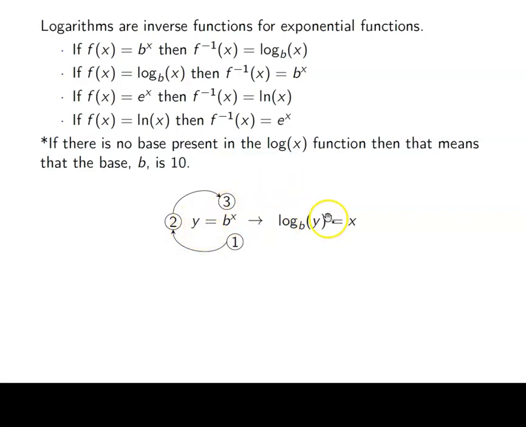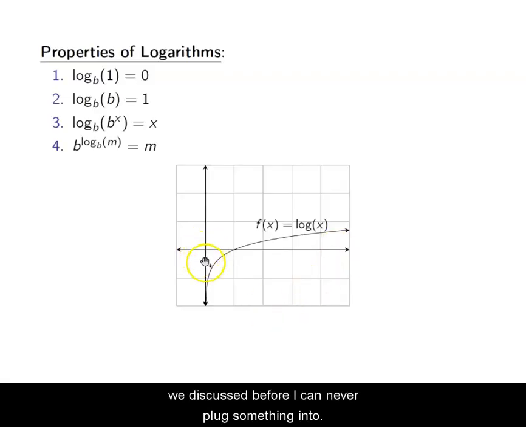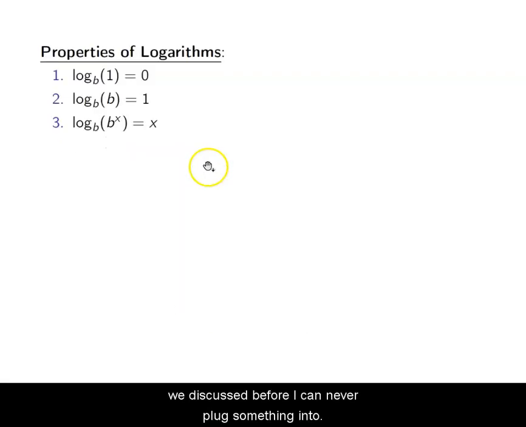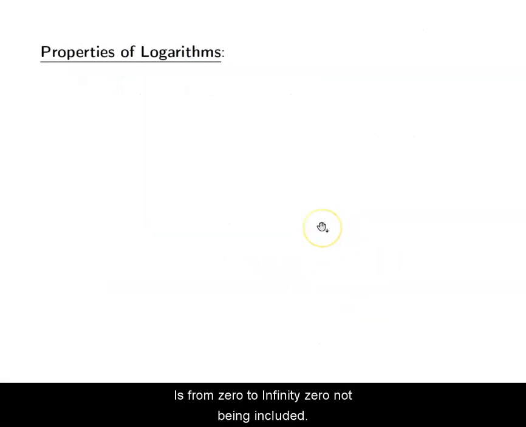So my domain for log is only positive values, and I also cannot have 0 because, as we discussed before, I can never plug something into this function to make it an output of 0. And so since I can never get 0 out, I am not allowed to plug 0 in as an input. So my domain for log functions, any log, any base, is from 0 to infinity, 0 not being included.